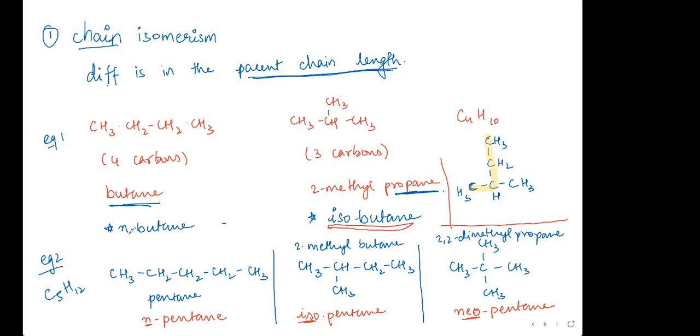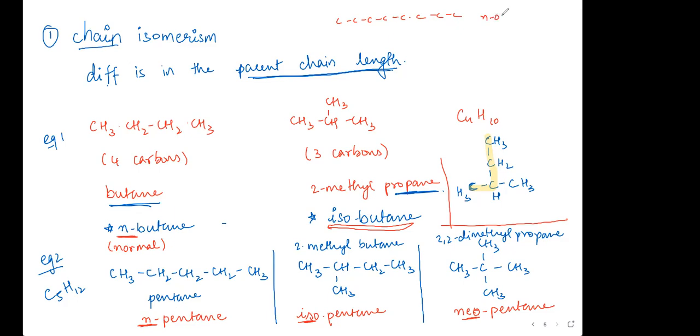N stands for normal. So this is used for any hydrocarbon because it basically means that it's a straight chain. If I say N-octane, it just means that you have to put 8 carbon atoms beside each other and it's an alkane made up of that. 1, 2, 3, 4, 5, 6, 7.